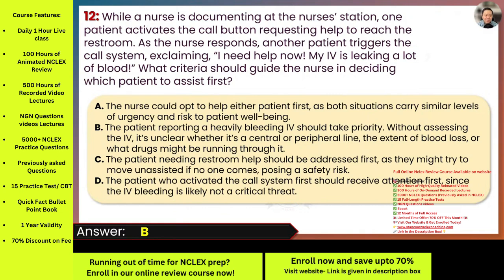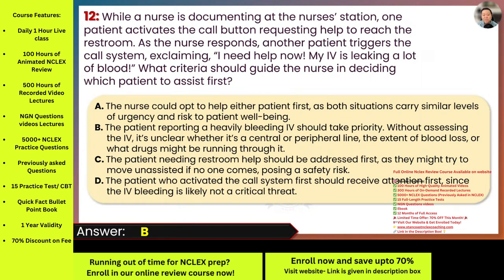Now let's look into letter C. Why is this incorrect? Yes, we know about the safety risk that the patient may fall, but this is preventable. The patient here can be instructed to wait, or you can have someone help this patient.